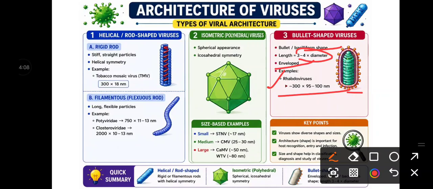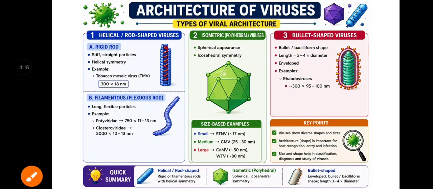Here you can see the length is 3 times the diameter. So you have to remember all the examples with their size. It can be asked in the NET MCQs. Then for 5 or 10 marks also this can be asked, so you have to remember all these points.